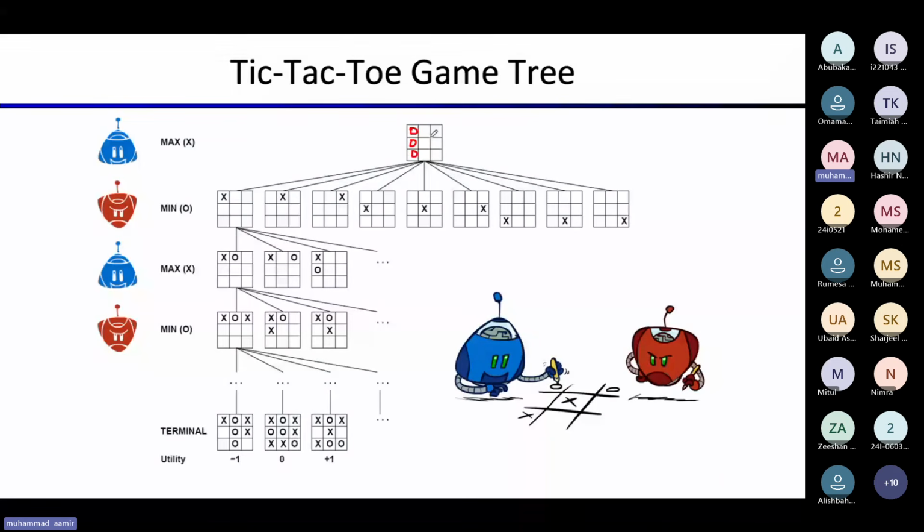If the X player successfully first arranges this way, X wins. These are the two players, each of them trying to block the other player's state and arrange its own values in the correct way. So this is the game. Most of you are familiar with this.